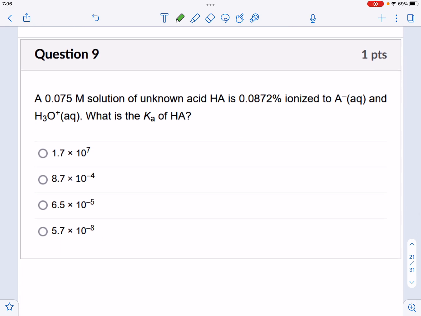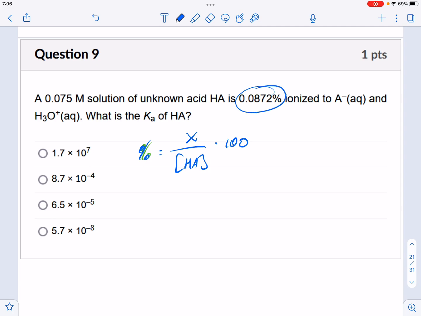So a 0.075 molar solution of a weak acid is 0.0872% ionized, okay? What is Ka? So the percent ionization, and let's change the color here. The shortcut to percent ionization is that X divided by HA times 100 gives you the percent ionization.